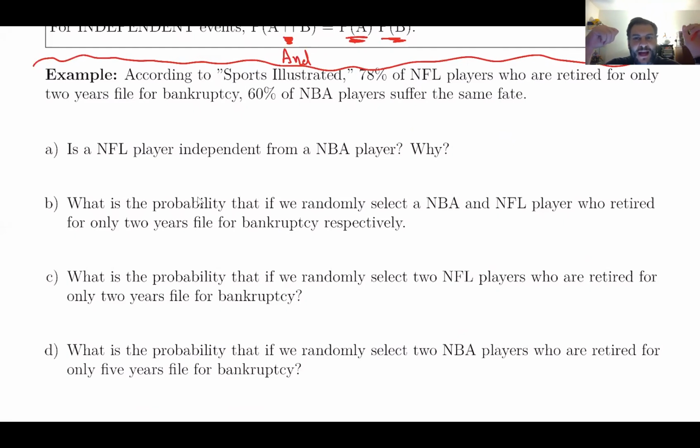So let's do part A. It says, is an NFL player independent from an NBA player? Think about it: if I'm selecting an NFL player, will that affect me choosing an NBA player that's retired? The answer for this one should be no. So we'll say this is independent.